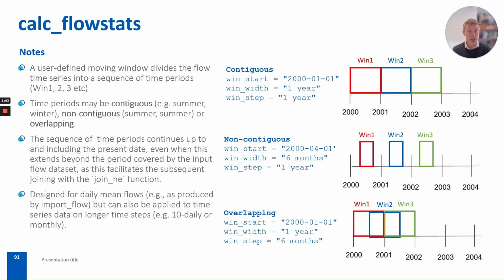For example, if we wanted just to focus on summer flow conditions, we could have a time window that defines the 6-month summer period in each calendar year. Or we could have overlapping time windows. This is where the time step is small relative to the width of the window. And this gives us a relatively granular way of describing the flow conditions over a given time period prior to a particular sampling occasion.